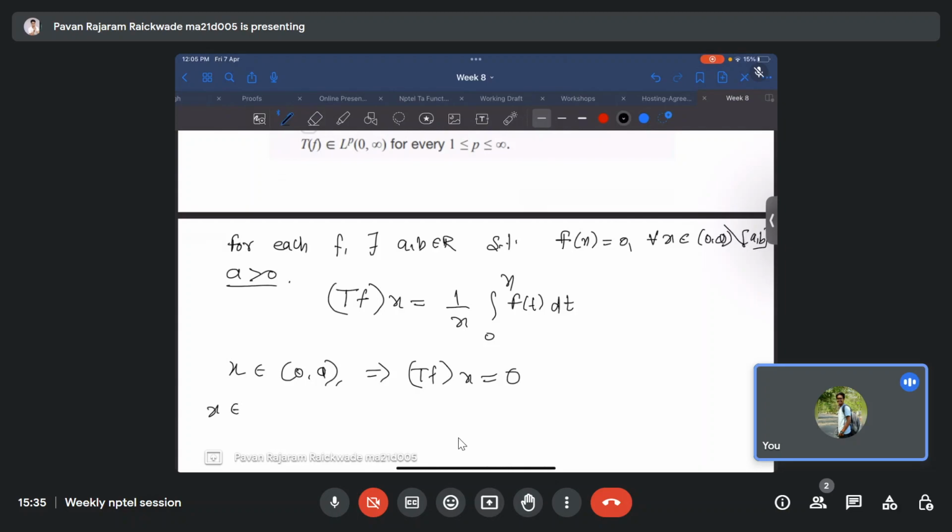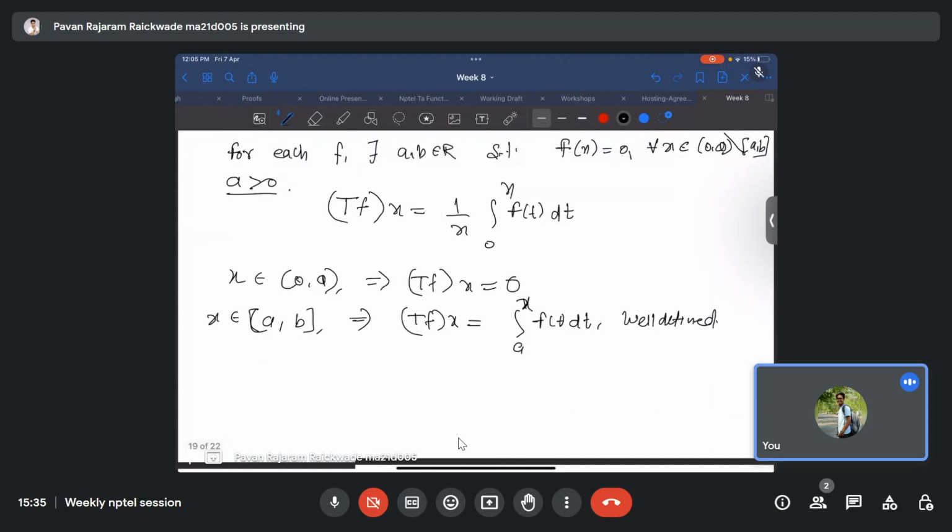And if x belongs to [a, b], this means Tf of x equals the integral from a to x of f(t) dt, divided by x. And this is well defined, no issues.